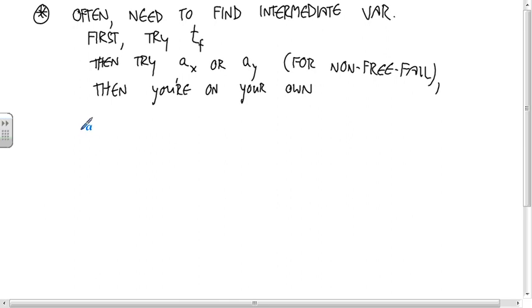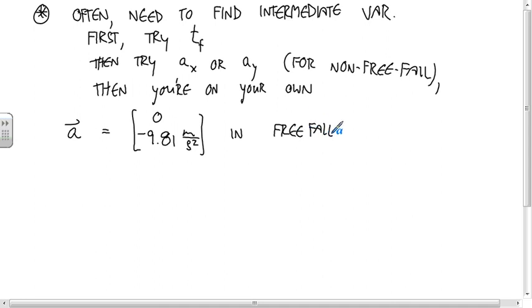So the acceleration is always going to be 0 in x and then negative 9.81 in y, as long as you choose your y-axis pointing up. Any other questions?